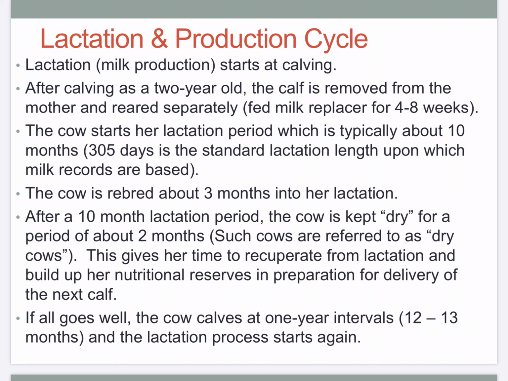The cow is rebred about 3 months into her lactation. After a 10-month lactation period, the cow is kept dry for a period of about 2 months. And then the last one on this page, if all goes well, the cow calves at 1-year intervals. And the lactation process starts again.